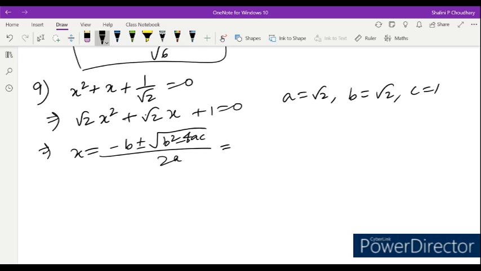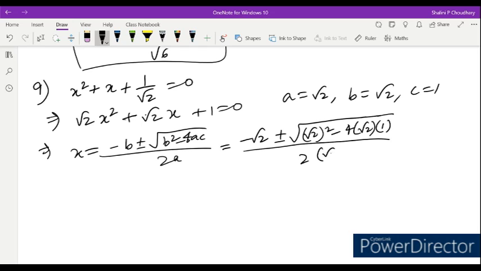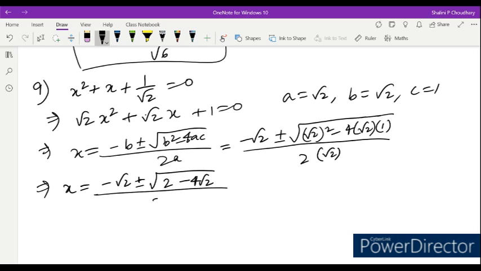So we'll get minus b plus minus square root of b square minus 4 into a का value is square root of 2 and c का value is 1 divided by 2 into square root of 2. So x का value will be minus root 2 plus minus square root of 2 minus 4 root 2 divided by 2 root 2.